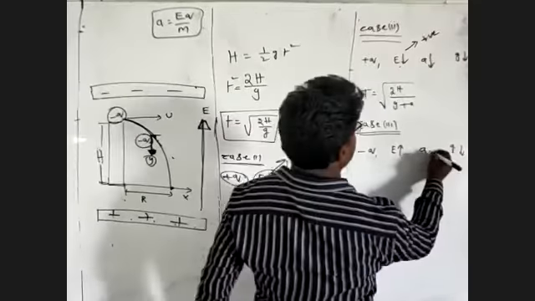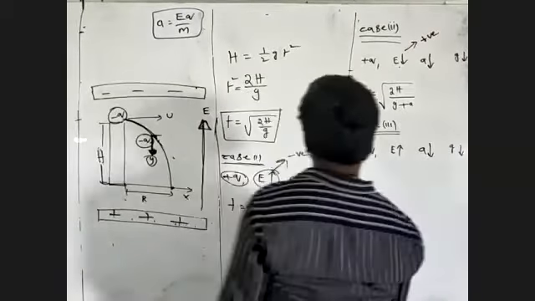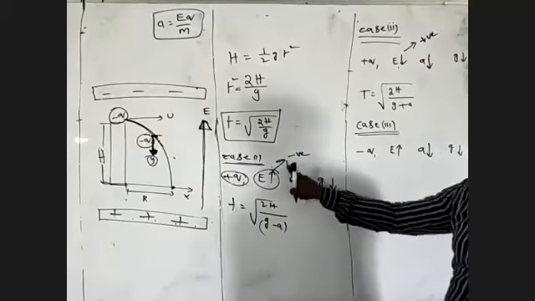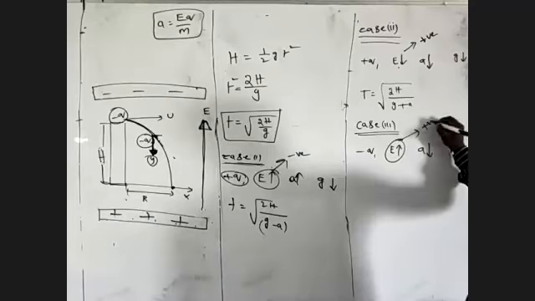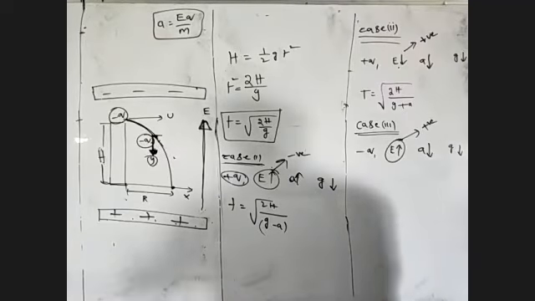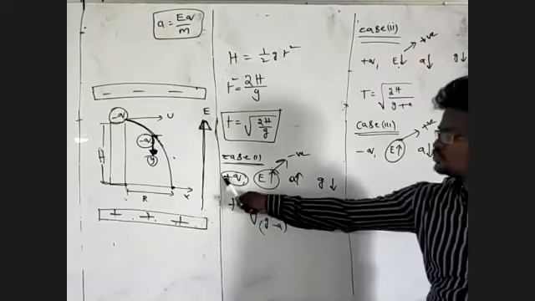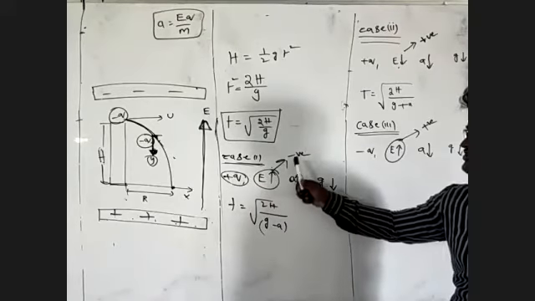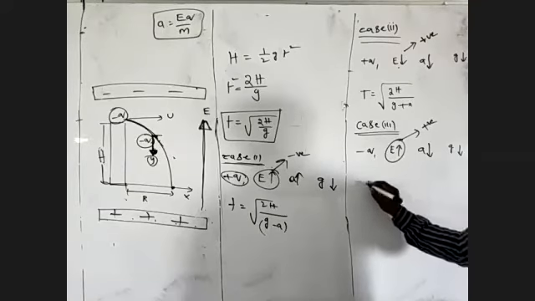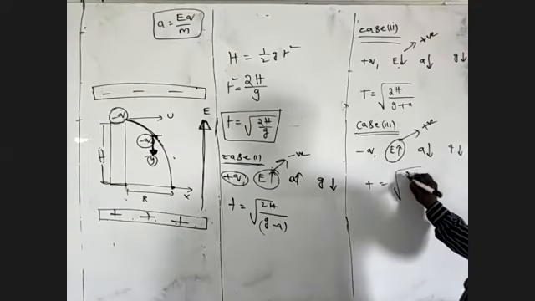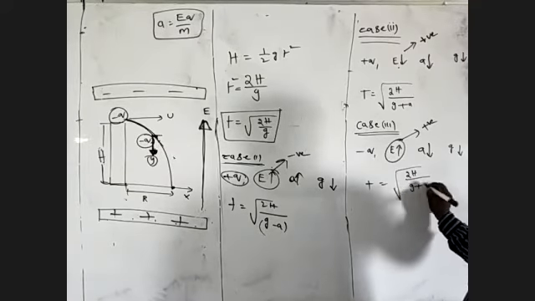Acceleration is downward. Take case number one. Since this is a negative charge, you should take it as positive. The electric force and gravity are in the same direction. T is equal to root of 2h by g plus a, in seconds.